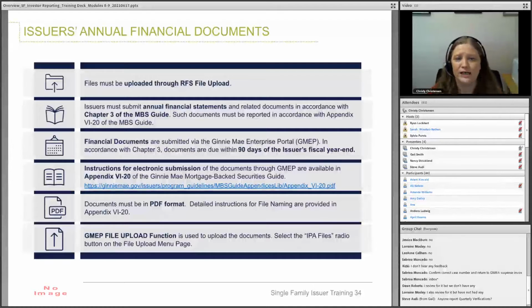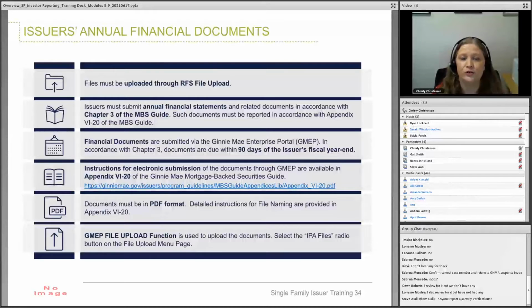An important task for issuers to perform annually is to upload your company's annual financial documents. This is in accordance with MBS Guide Chapter 3. These must be uploaded into RFS, File Upload, Independent Public Accountant, or IPA.